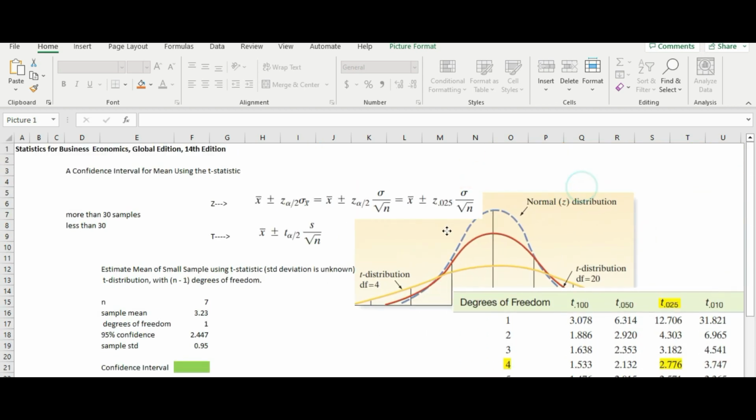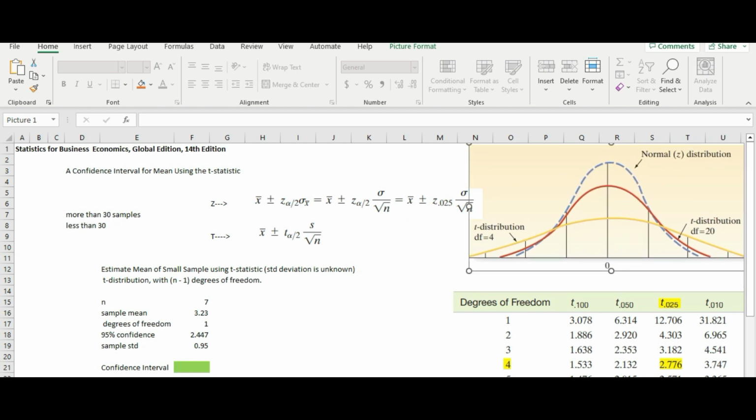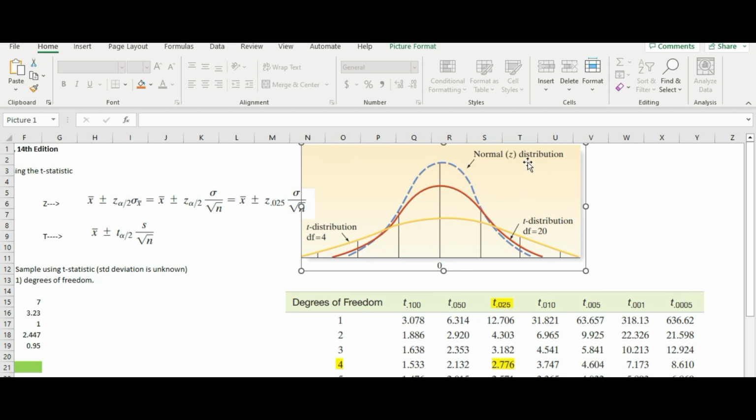Here is also a comparison of the normal distribution versus the t-distribution.